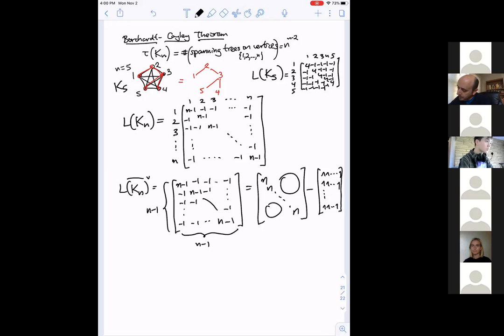So this is n times the identity matrix of size n minus 1, and this is J sub n minus 1, the all ones matrix of size n minus 1 by n minus 1.